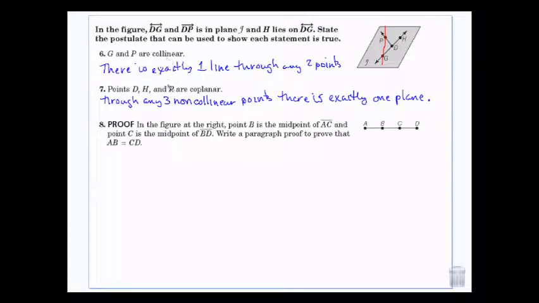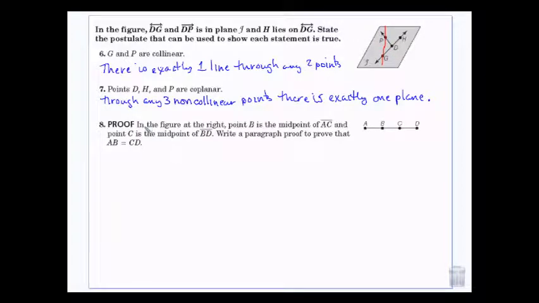These are the kind of things that are always true. 2 points will always have a line. 3 non-collinear points will always have a plane. Whether you currently see the plane in the picture or not is different, but it always exists. So it's planar, meaning the 3 points are anywhere in the plane? Yeah, they're in the plane.